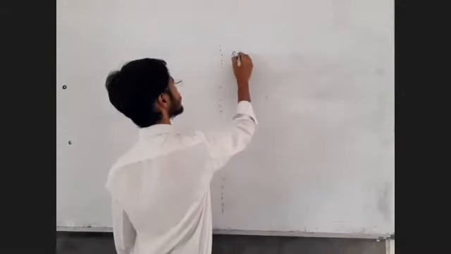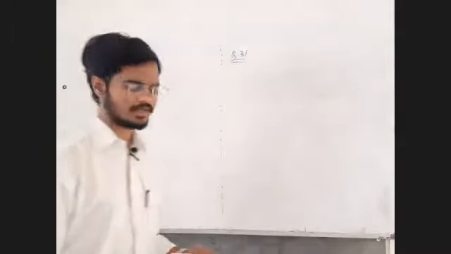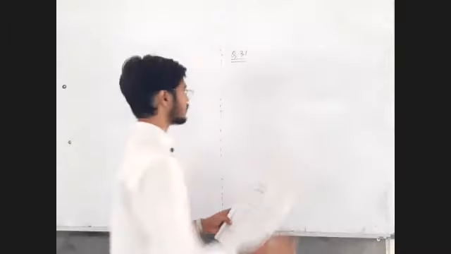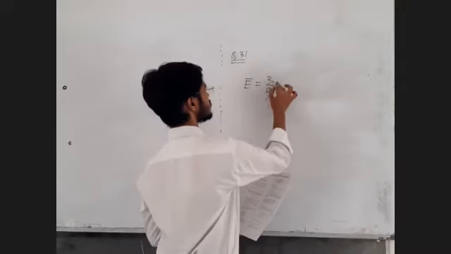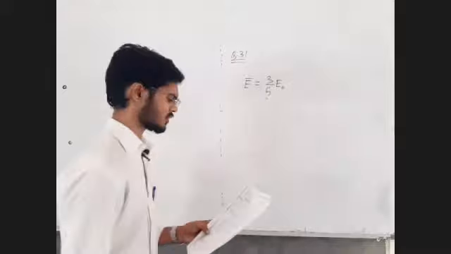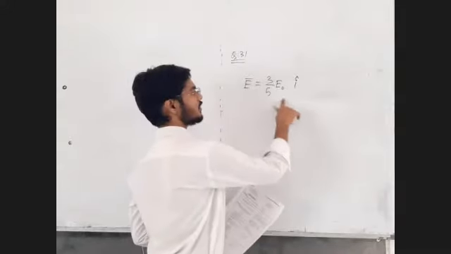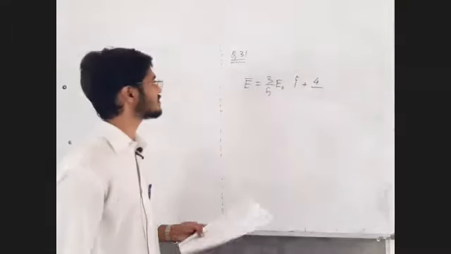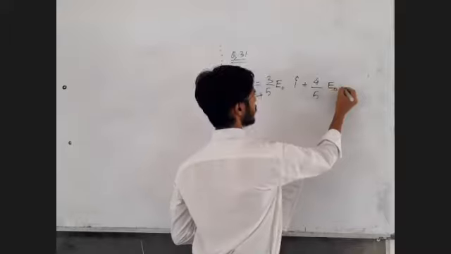Fine. Example 31. Solve along with me. Let us see whether we are able to solve it or not. The electric field in the region is given by 3 by 5 times E0, where E0 is some constant number, into i cap. This is the electric field in the x direction, plus the electric field is a vector, so at a given point they are writing 4 upon 5 into E0 into j cap.